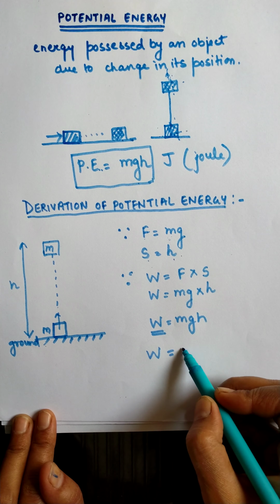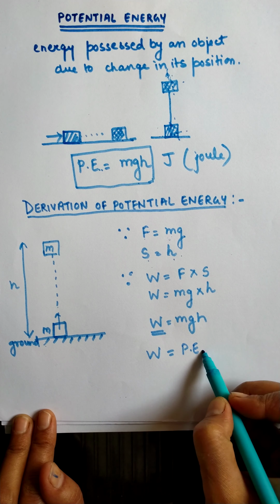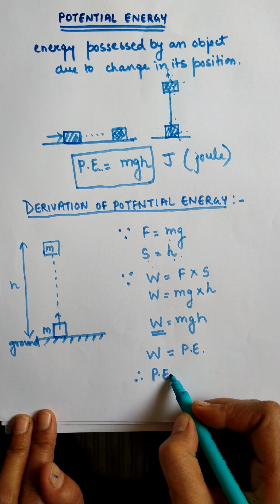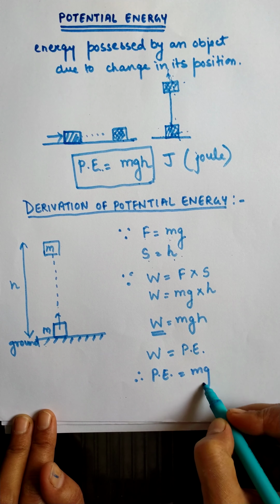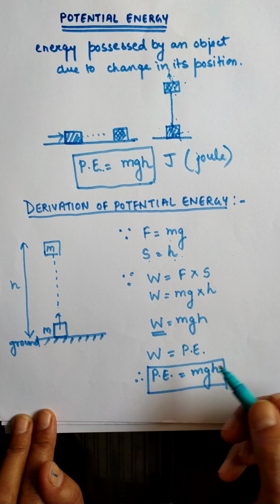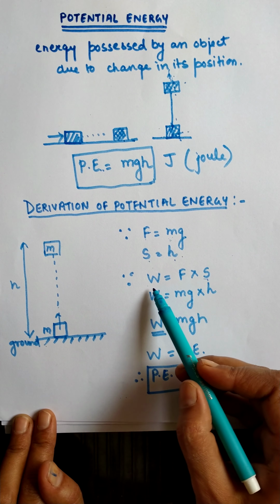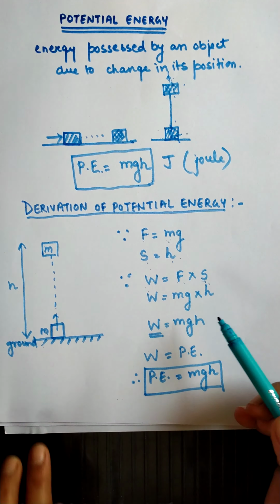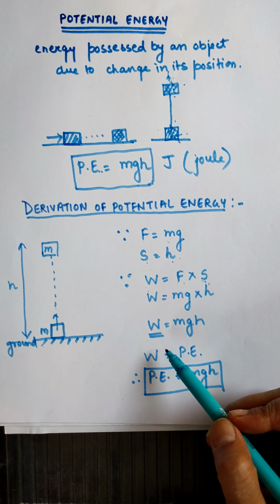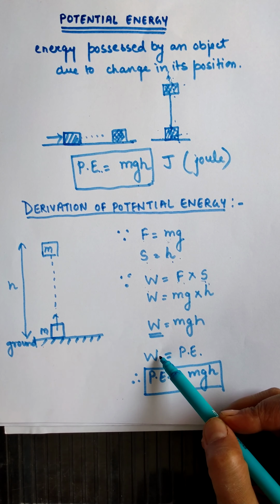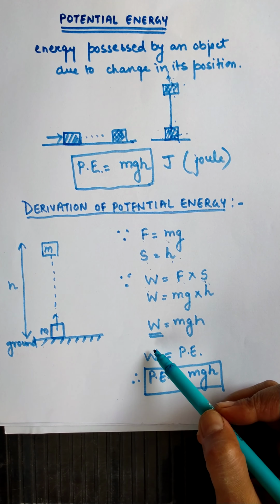That means the whole work done is equivalent to energy, and therefore potential energy is equal to mgh. So students, it is a very easy derivation. You simply use the formula W equals force into displacement, and put in the values of force and displacement. So this is the potential energy of the object.